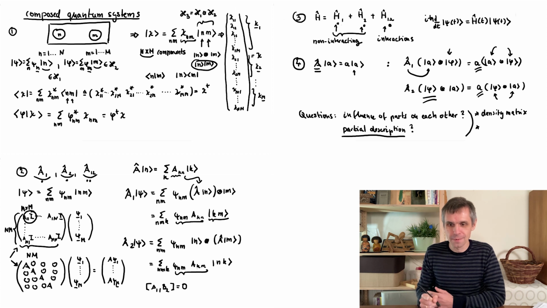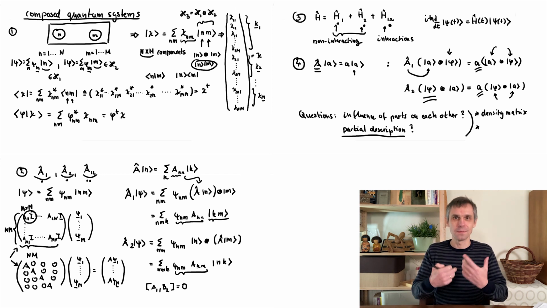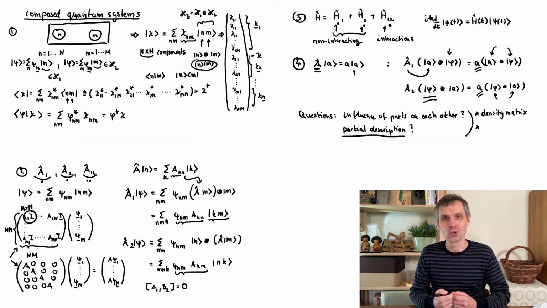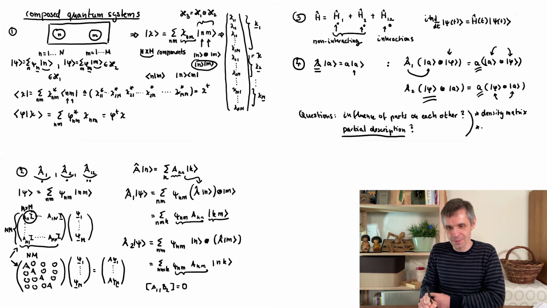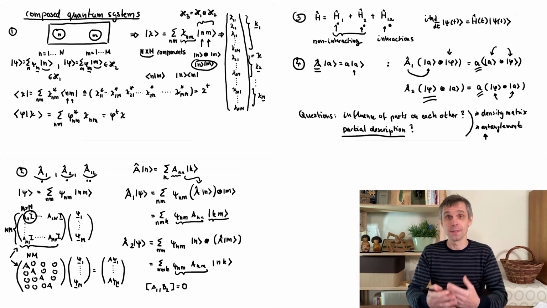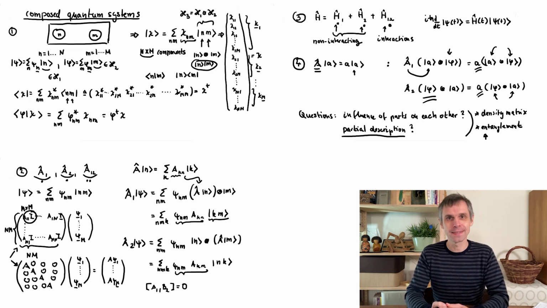And by inspecting when this density matrix gives us a real generalization of our normal notion of a quantum state, we uncover a new phenomenon, and this is known as entanglement. And along with the superposition principle, entanglement is indeed the second key resource for quantum information processing.